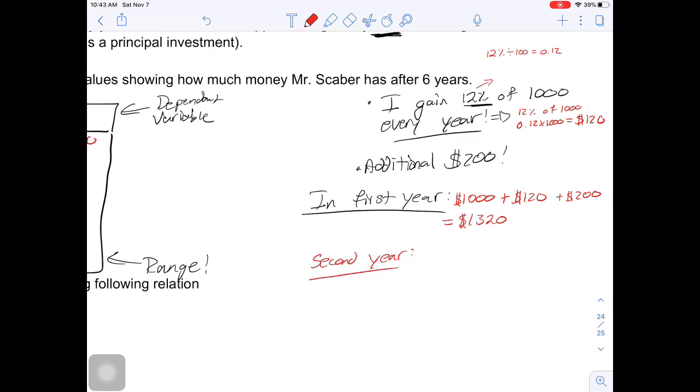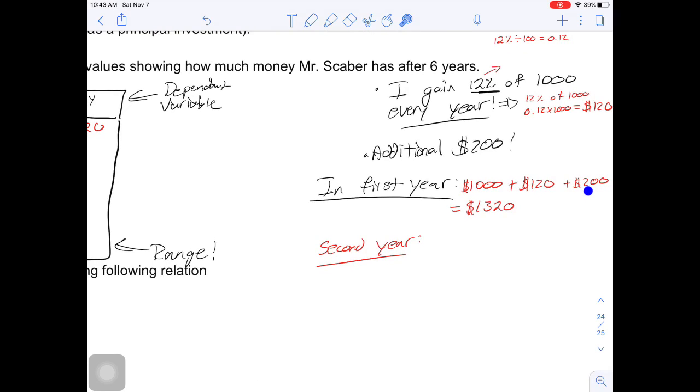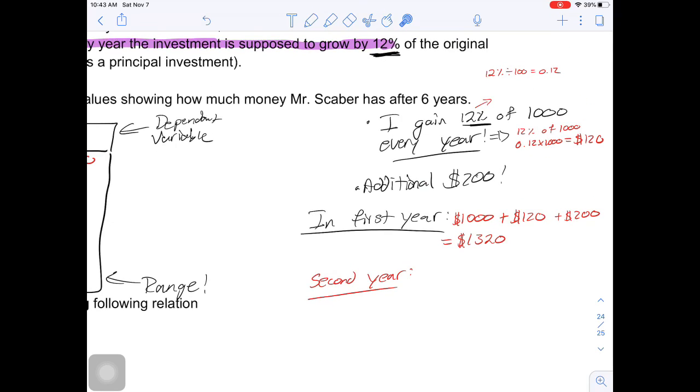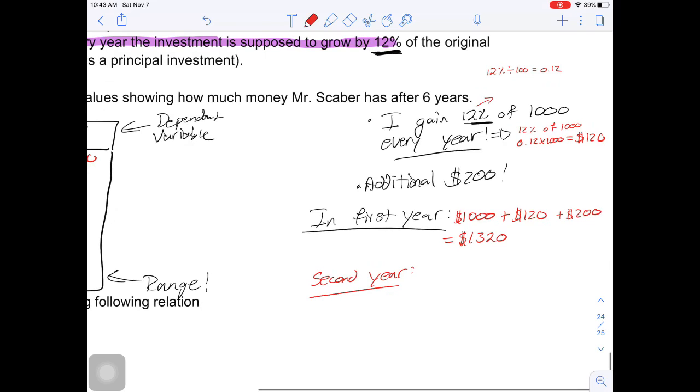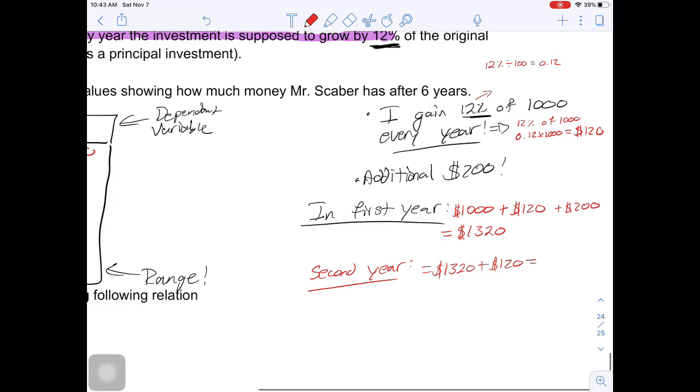Now let's talk about the second year. Recognize I don't get that additional 200 bucks, but I am going to get $120 because every year it grows 12% of 1,000. So here, I'm going to get $1,320 plus my 120 bucks, and that's going to lead me to $1,440.